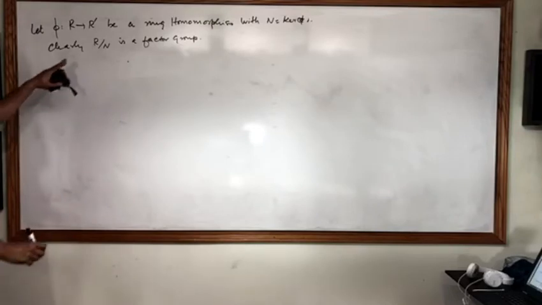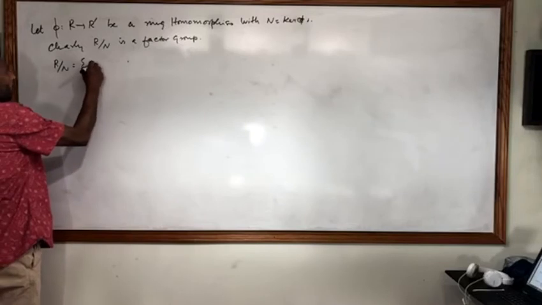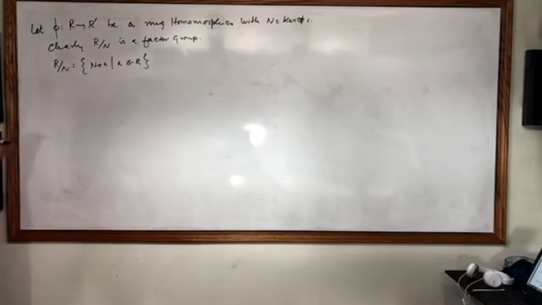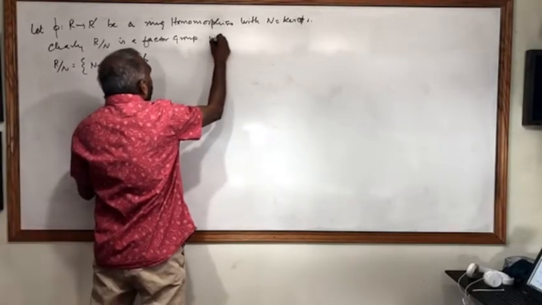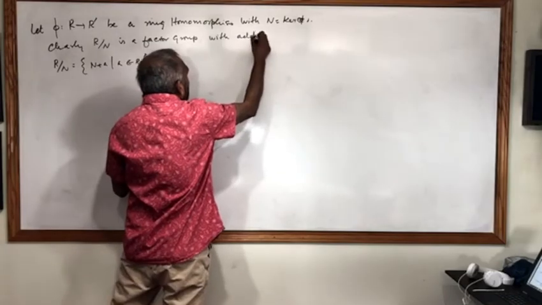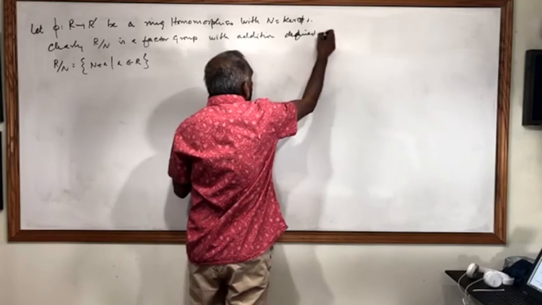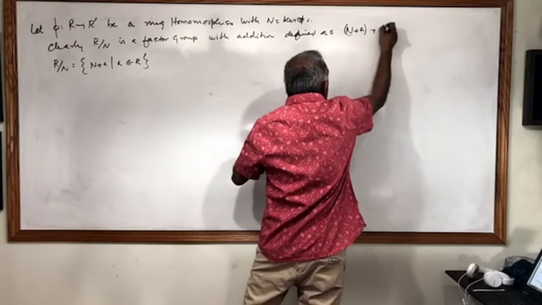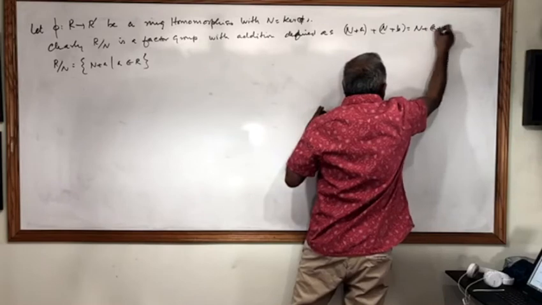So R by N is the collection of right or left cosets, right? This is a factor group with addition defined as, these are the elements, so N plus a plus N plus b is equal to N plus a plus b.